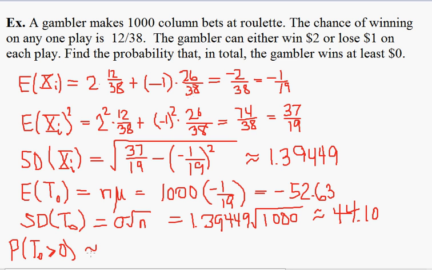can be well approximated by the bell curve. The probability that a standard normal random variable, z, is greater than or equal to the observed total minus the expected total, divided by the standard error for the total.